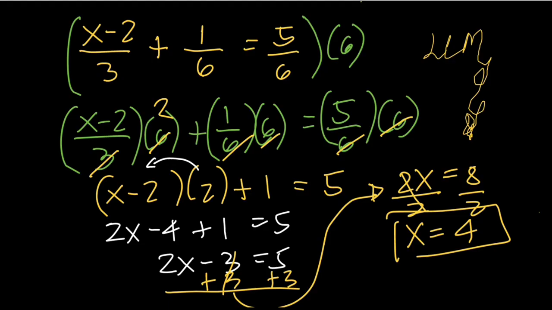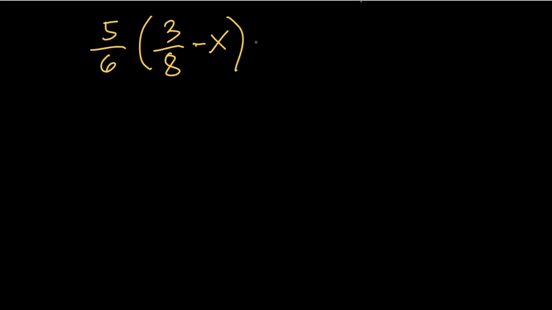Okay. No questions on this? Okay, we move on to number 28. We have 5 over 6 times 3 over 8 minus x equals 16.